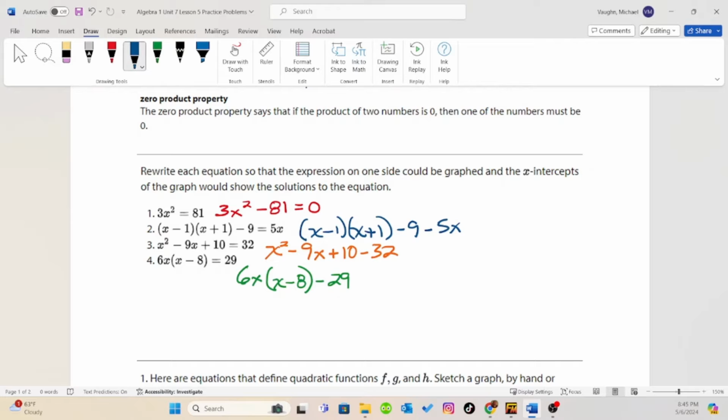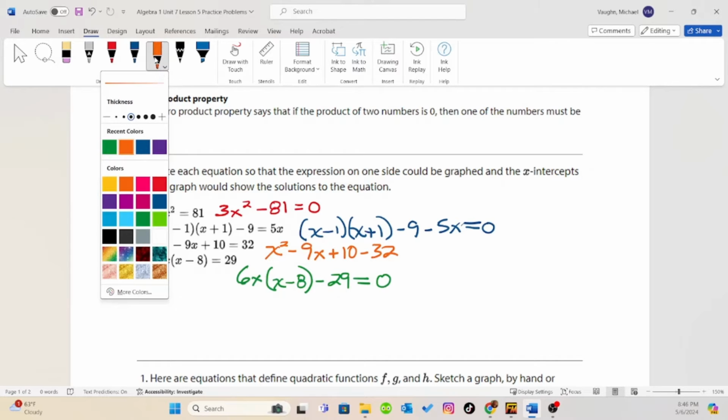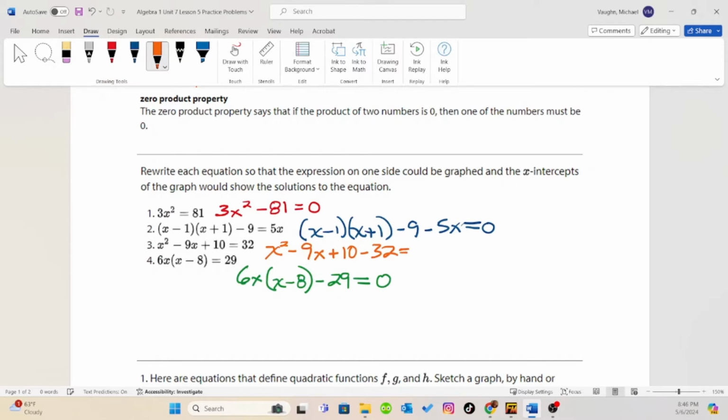And on all of these, I should have written equals 0. Because as long as it equals 0, now when you find the solutions, those solutions will be the x-intercepts.